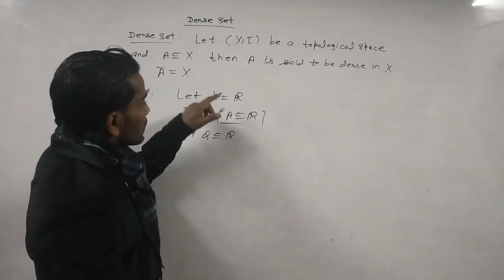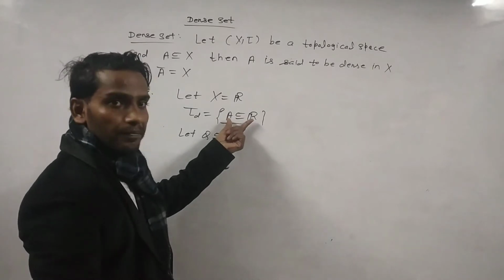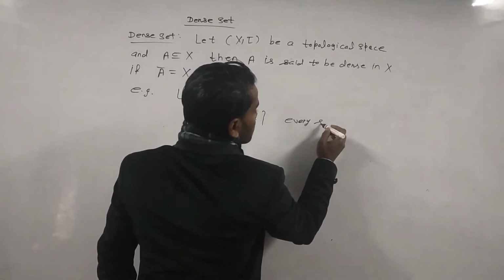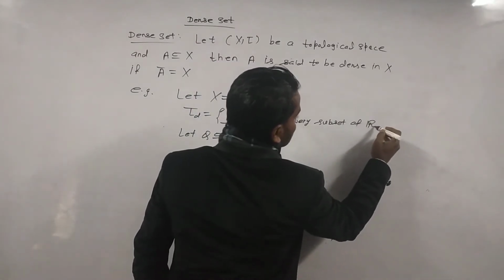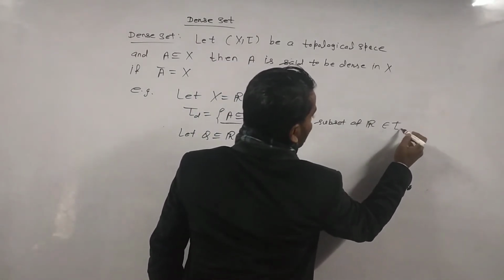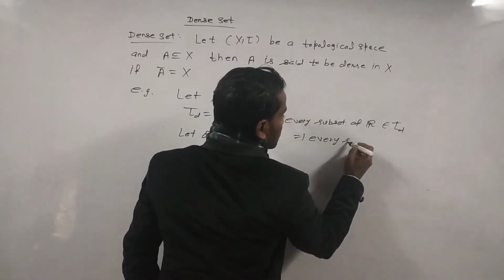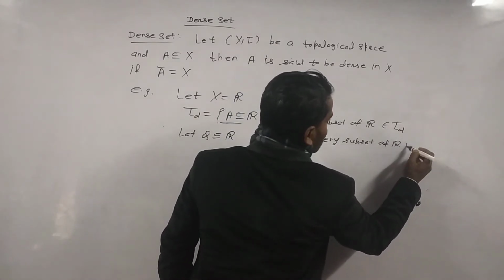This means every subset of R belongs to tau_D. This means every subset of R is open.